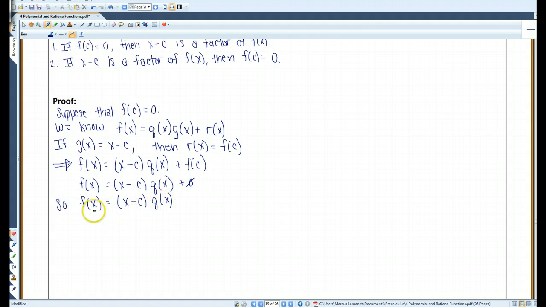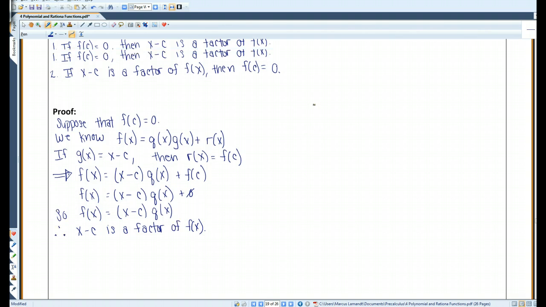Alright, so if this is true, then x minus c has to be a factor of f of x. This triangle here means therefore. Okay, so we have just proven the first statement.